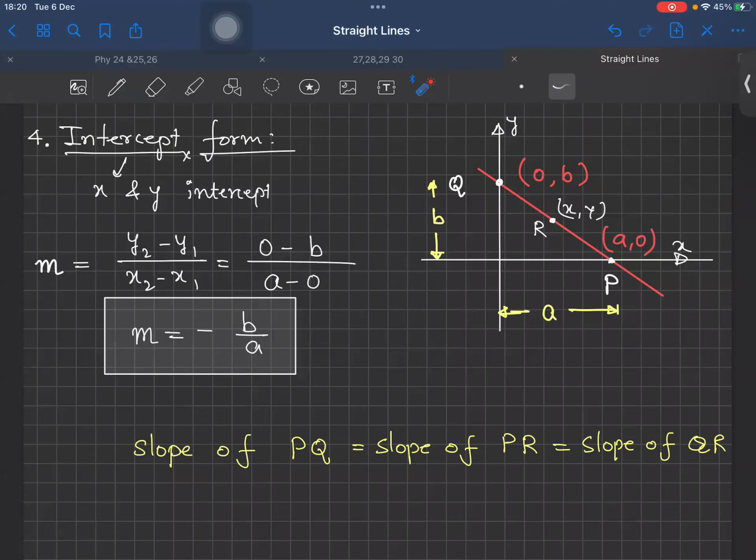So slope of PR plus slope of PR. No. See, we are not calculating the distance here. Why are you calculating the distance? Slope is just this angle. This angle is slope. Now, tan of this angle is slope. Sir, it's equal, no? See, tan of this angle will always remain equal. You draw a line parallel, you calculate this angle anywhere.